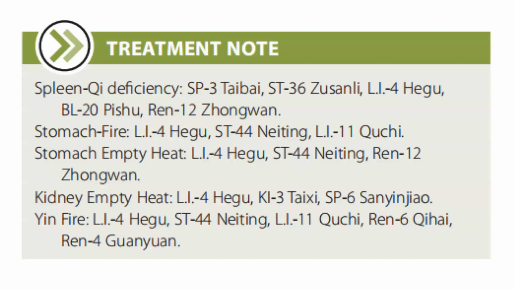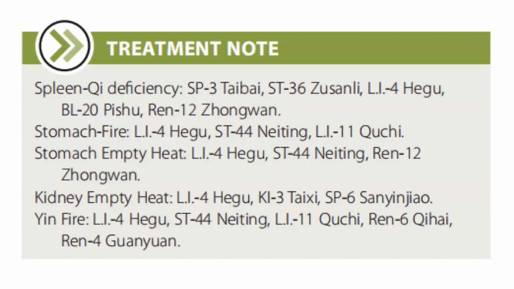Treatment. Spleen Qi deficiency: you can use spleen 3, stomach 36, large intestine 4, bladder 20, Ren 12. For stomach fire, you can use large intestine 4, stomach 44, large intestine 11.